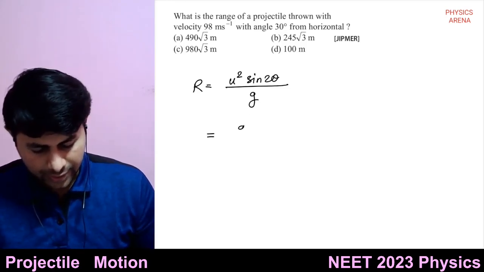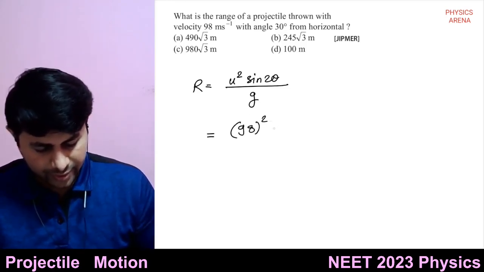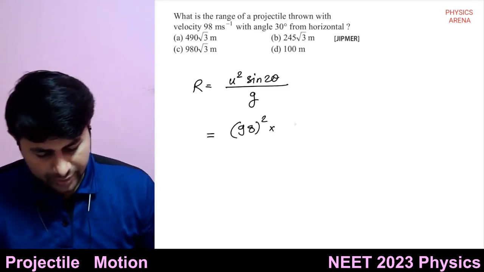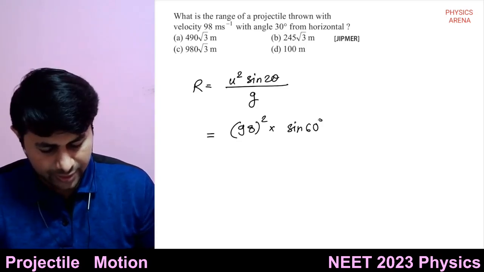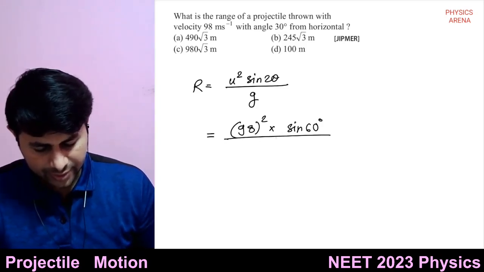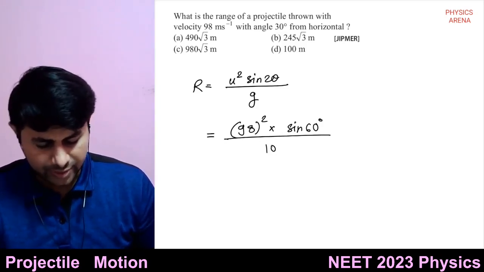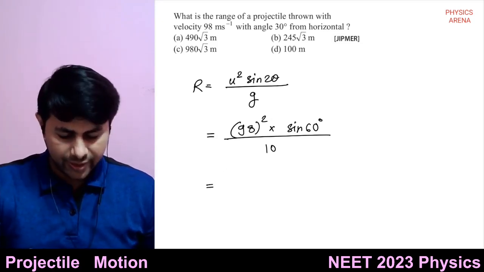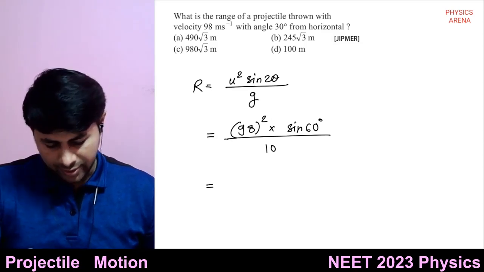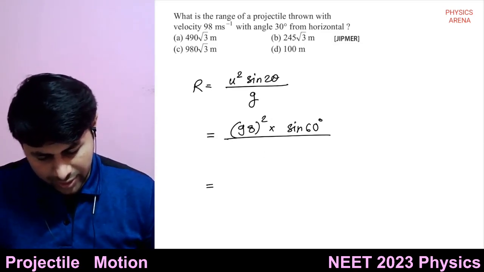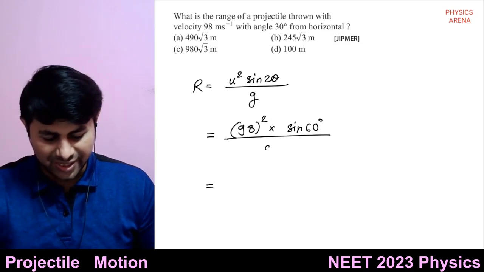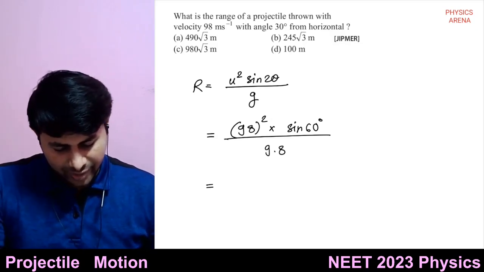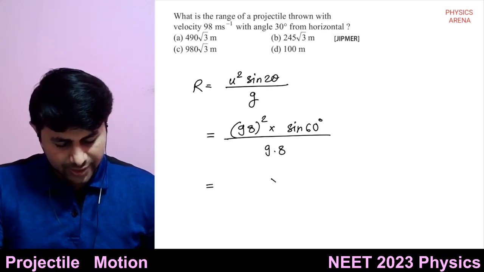So 98 square multiplied by sine of 60 degrees divided by g. How much is g? Let's suppose it is 10, or no, we have 98 in the numerator, so take 9.8.